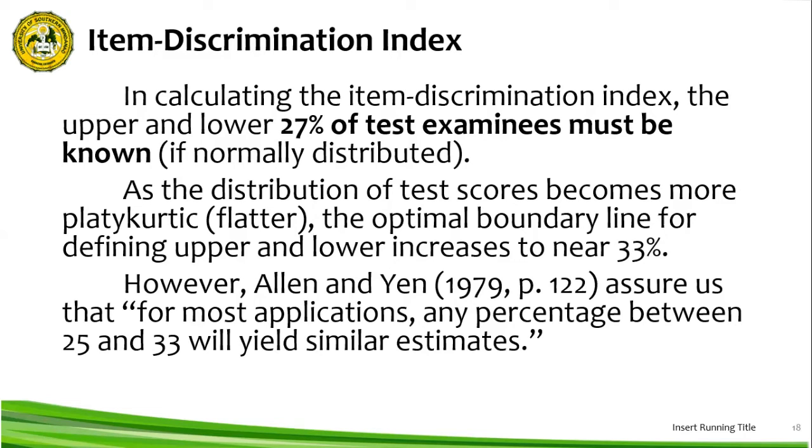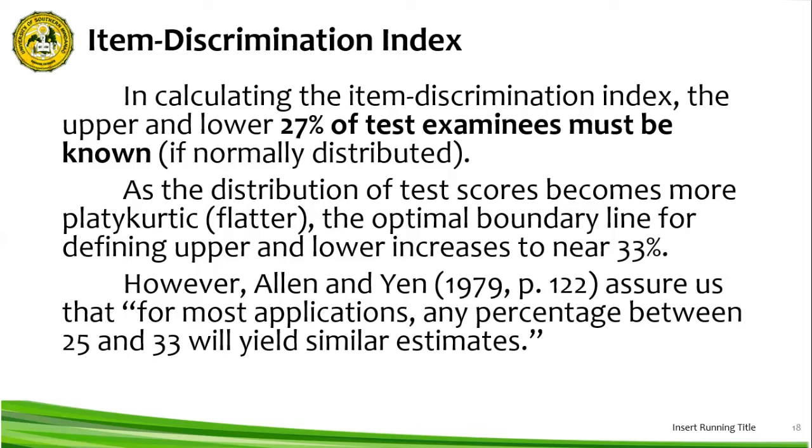However, as a distribution of test scores becomes more platykurtic, or flatter, the optimal boundary line for defining upper and lower increases to near 33%. However, Allen and Yen, 1979, assure us that for most applications, any percentage between 25 and 33 will yield similar estimates.